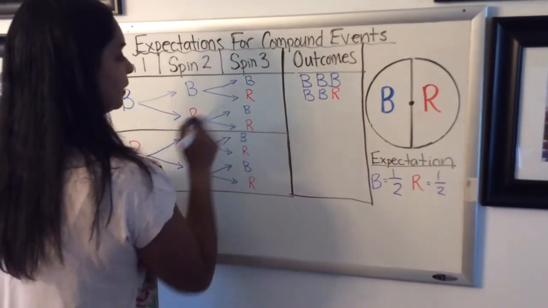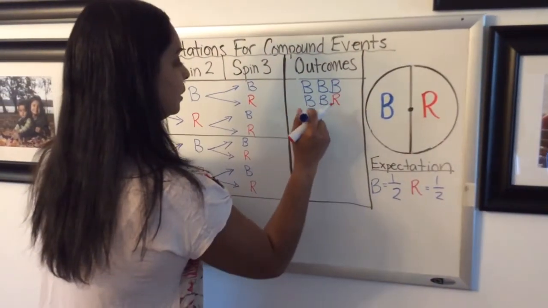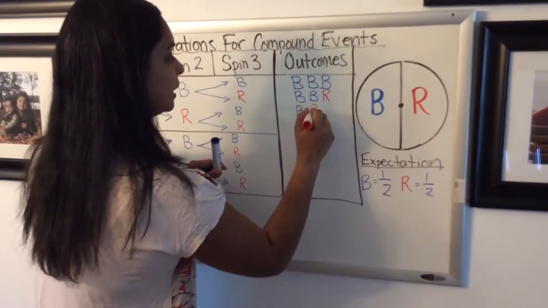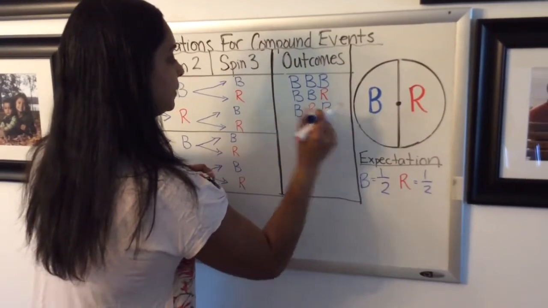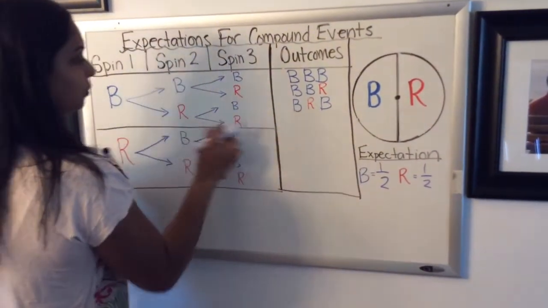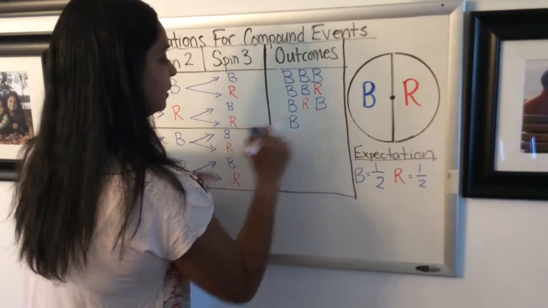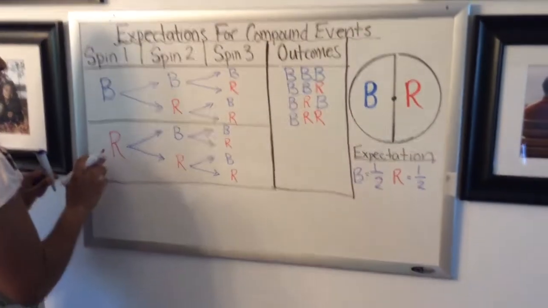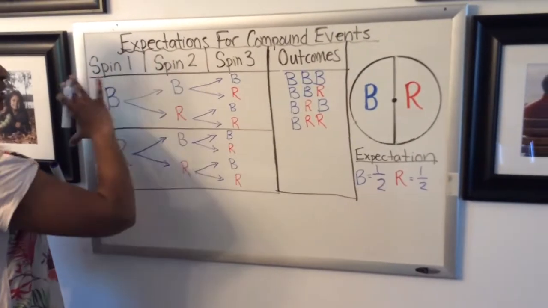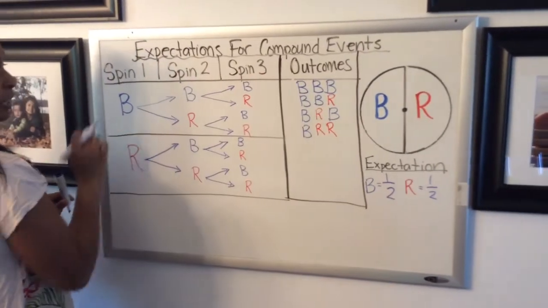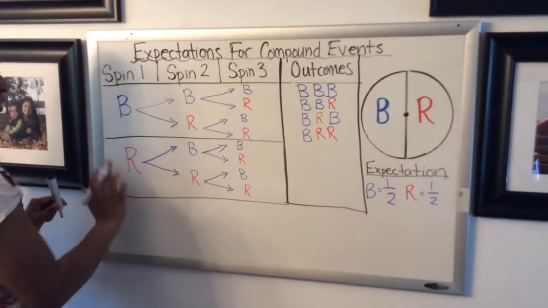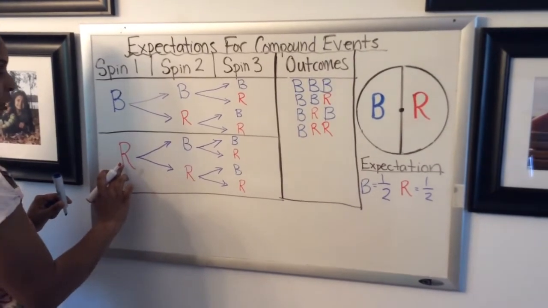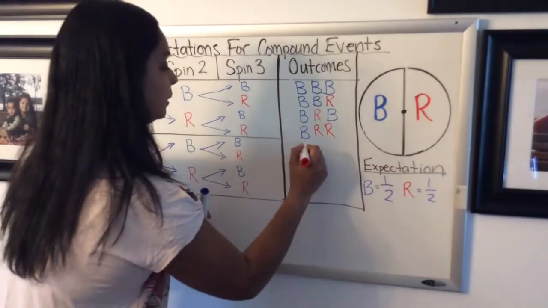Blue, red, and then blue is my next possible outcome. Blue, red, red. So see if you can follow this, I'm going to point as I go. So that's all the outcomes that could happen if I spun a blue first. Now if I spun the red first, I could have gone red, blue, blue.